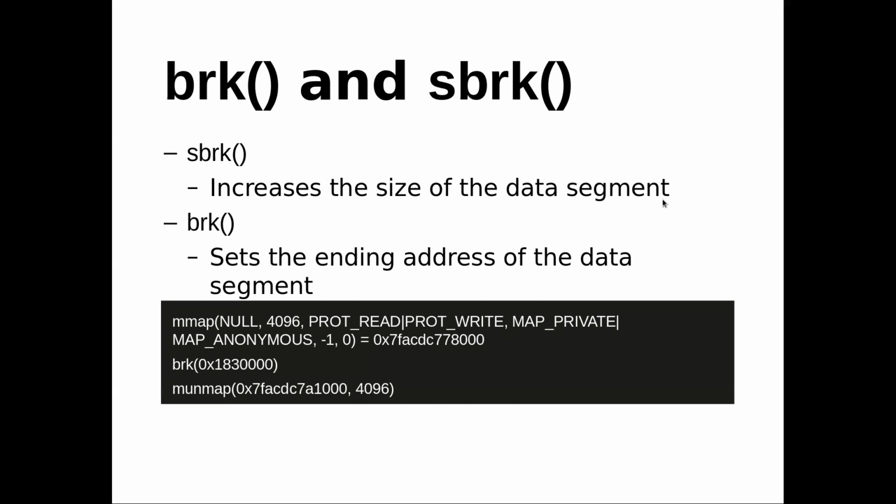Next, let's talk about BRK and SBRK. These are the functions I talked about a little bit earlier. SBRK is a function to increase the size of the data segment, and BRK is a function to set the ending address of the data segment. If you recall from the first dpipe exercise, when you ran strace on the program, you might have seen a lot of mmap, which by the way is talked about in lecture, and then this BRK syscall, which actually increases the size of the data segment.